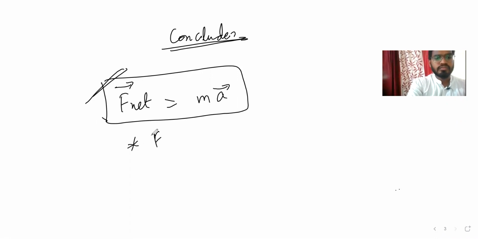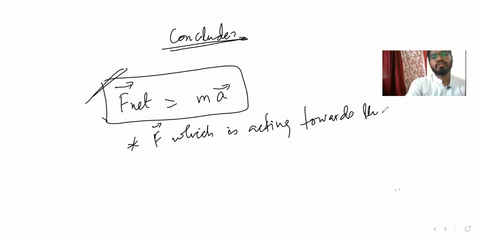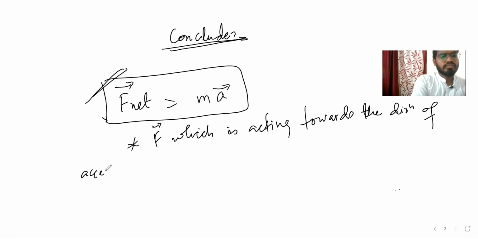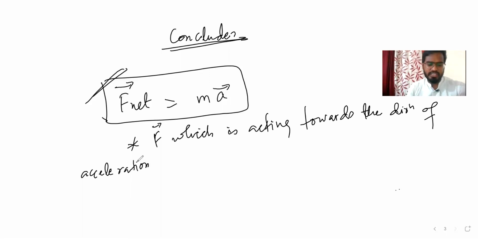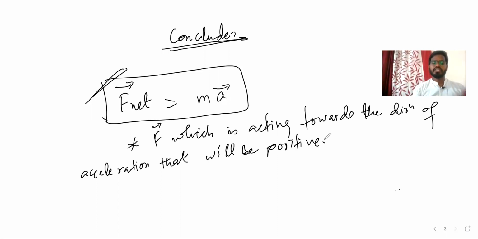Force which is acting towards the direction of acceleration, that will be positive. Opposite of that is what? Negative. Net force, what you are supposed to conclude from here, net force is equal to ma.